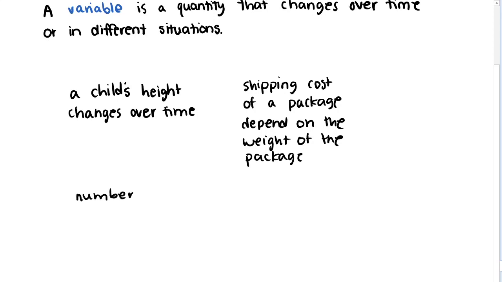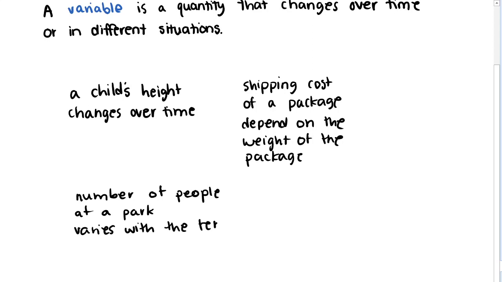Let's say the number of people at a park. Right, this might vary over time, maybe just the time of day, or with the temperature of the day. And so all of these are examples of variables.